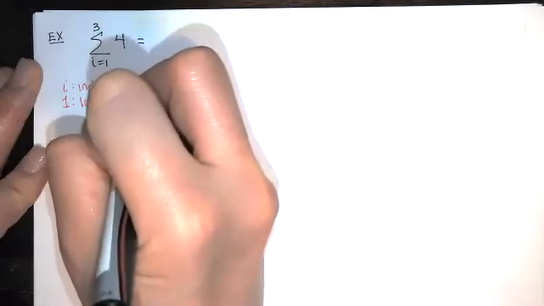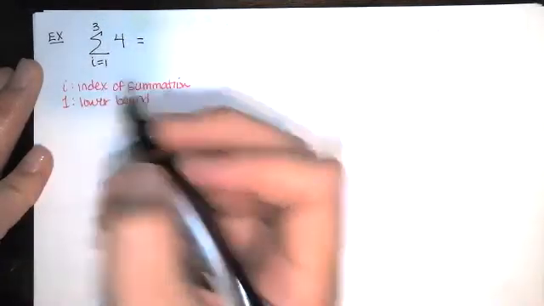The index of the summation is I. The lower bound of the summation is that first value of I, so that's 1. The upper bound is 3.